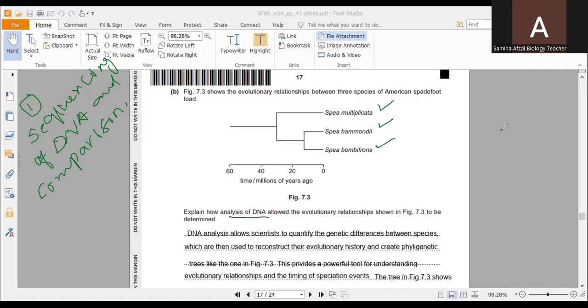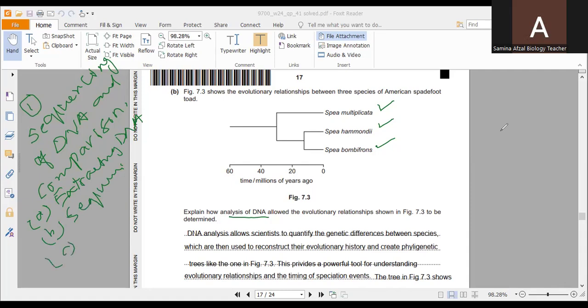So the first step is extracting DNA, and the second step is sequencing the DNA. DNA sequencing means determining the exact order of nucleotide bases, adenine, guanine, cytosine, thymine.